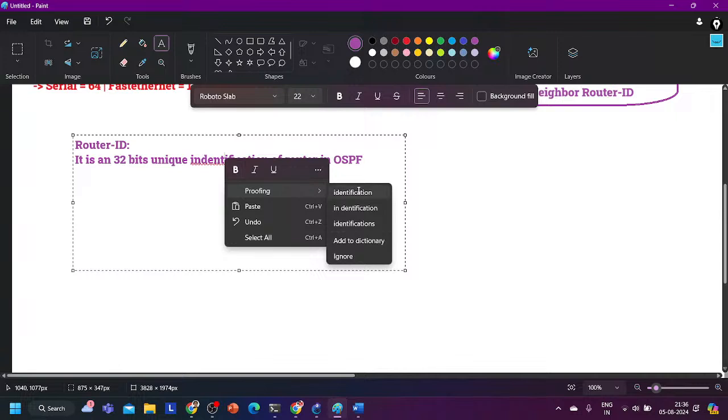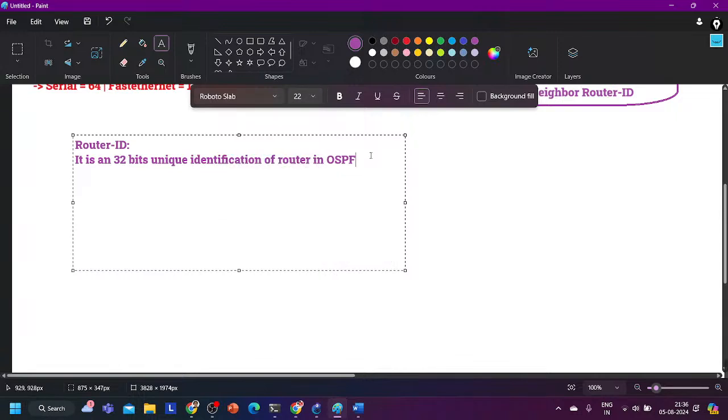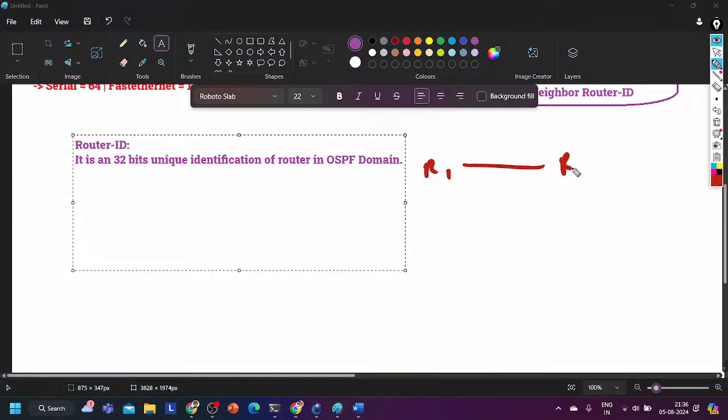32 bits unique identification in OSPF domain, right? So let's suppose I have again two routers, R1 and R2. Guys, as I told you, both routers are going to share their complete information.